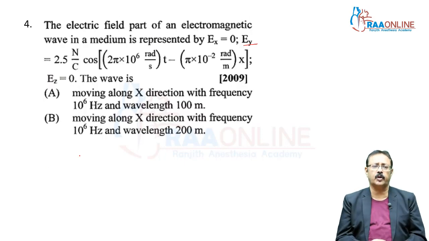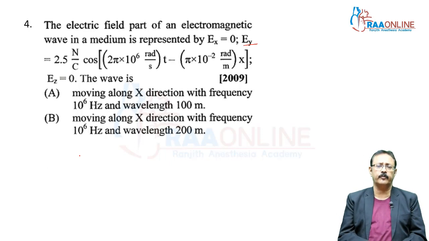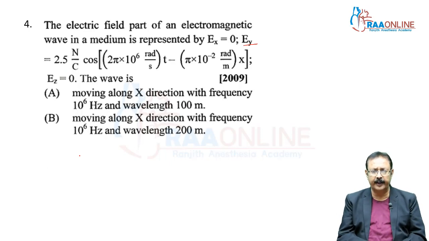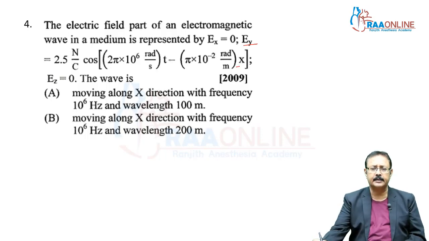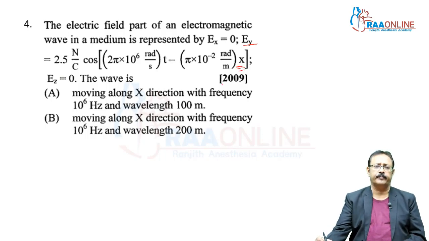Now we are going to solve the fourth problem, which is from 2009 AIPMT. Two options are missing, but we will check what we can tell about this. Since we are using bracket X, it means wave is moving along x-axis direction, and the minus sign means it is moving in positive direction of x-axis.